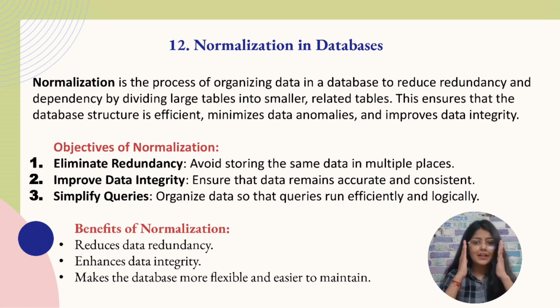It means if we have a large table consisting of a lot of data, we can break it into small tables so that data retrieval and other operations will be easy. By dividing the large table into small tables, we can reduce redundancy and minimize anomalies. The benefits of normalization are that it reduces data redundancy, enhances data integrity, and makes the database more flexible and easier to maintain.